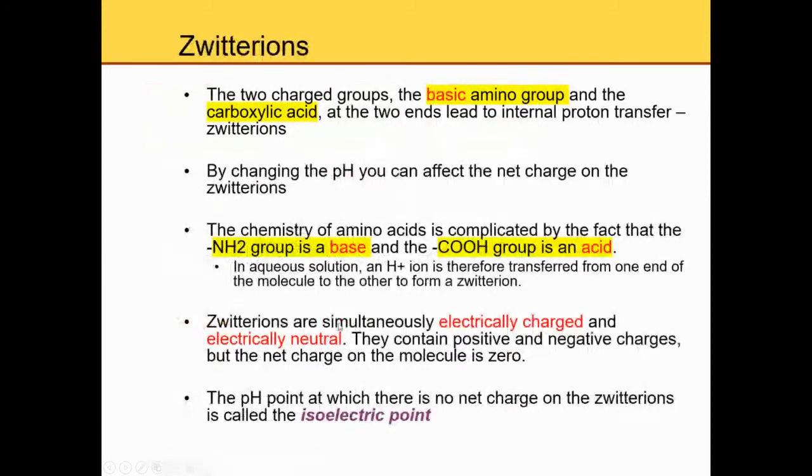In the zwitterion, the two charged groups, the basic amino group and the carboxylic acid, lead to internal proton transfer. That's called a zwitterion. When you change the pH, you can affect the net charge of the zwitterion.